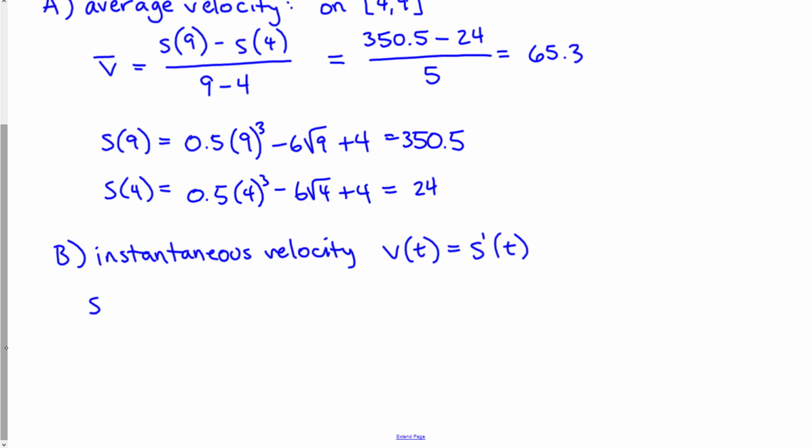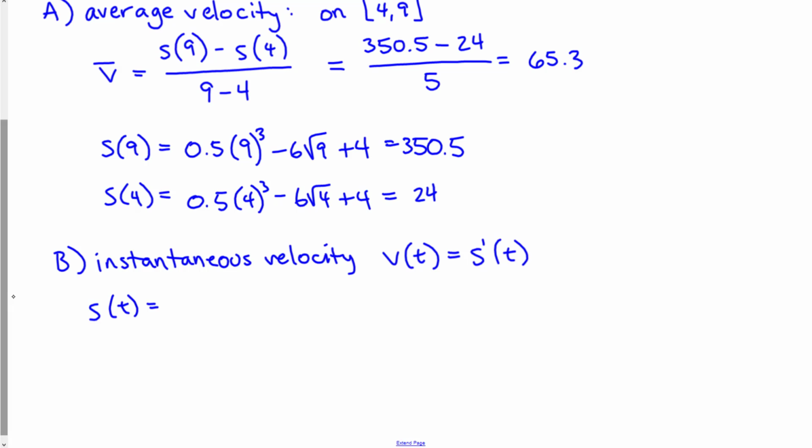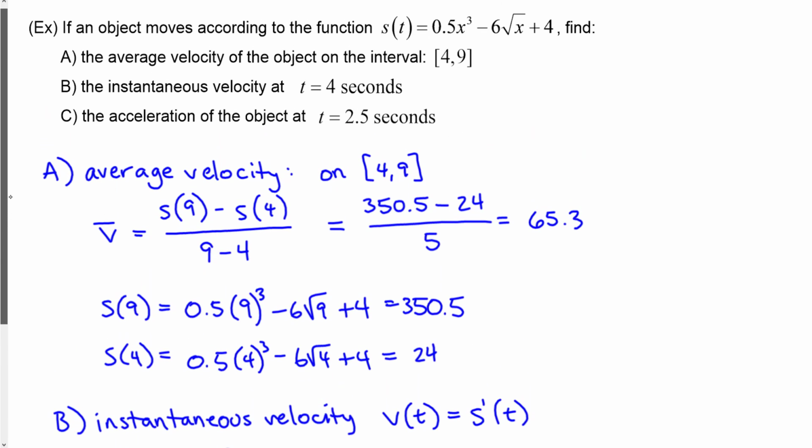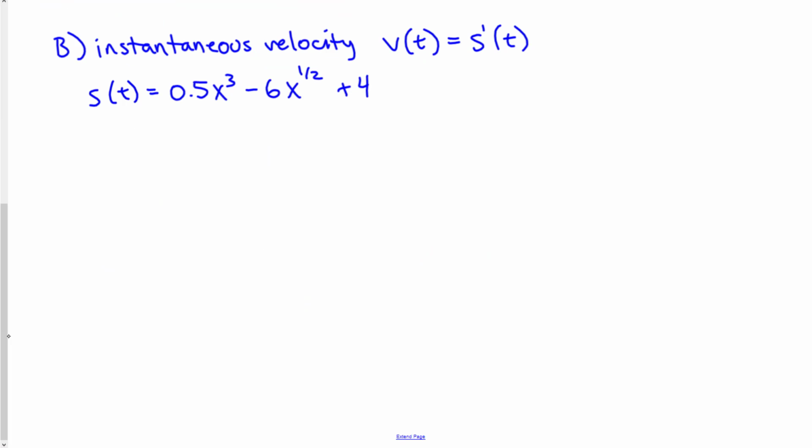So the position function we had as 0.5x cubed minus 6 square root of x. And instead of square root, I'm going to make it to the 1/2 power because that's easier to use in the power rule. Then plus 4.